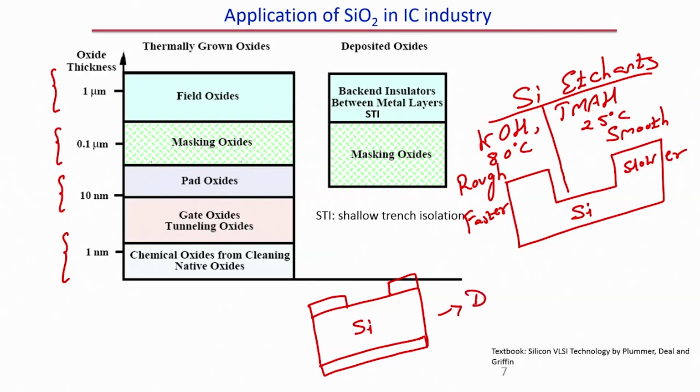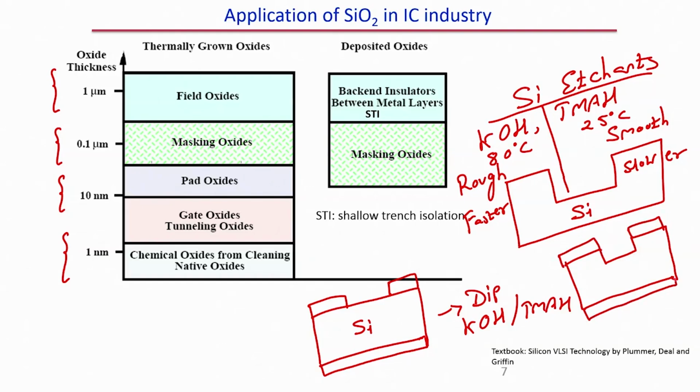Now, if you dip the wafer in KOH or TMAH, then you will obtain this particular wafer.